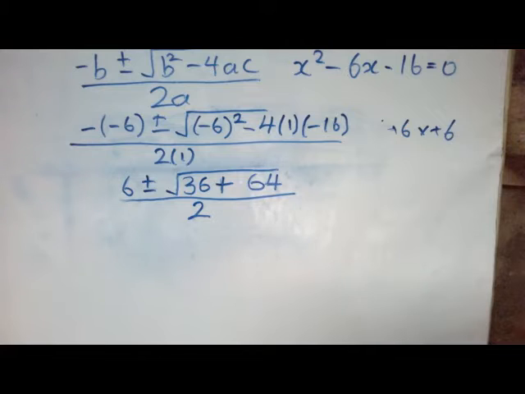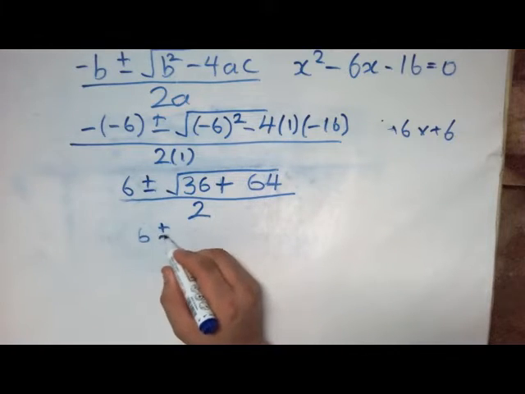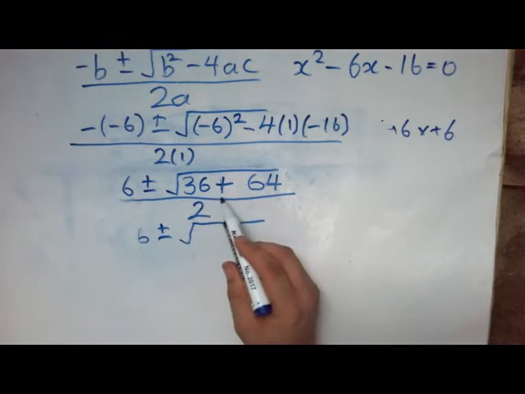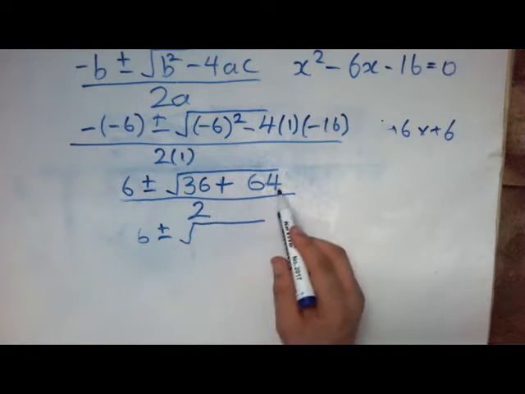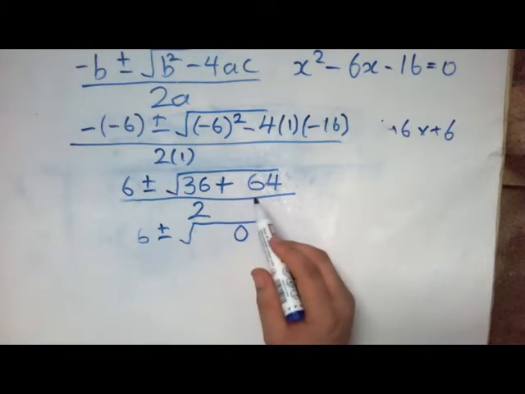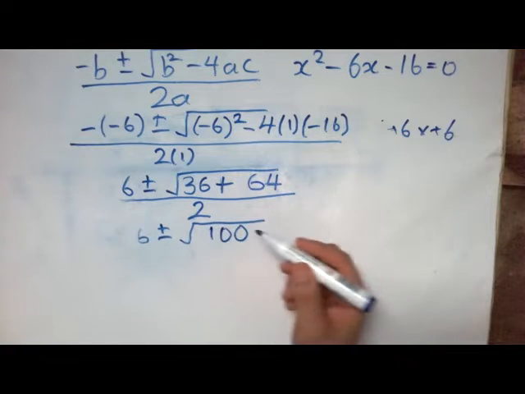Now let's try to remove the square root. For us to do that, we come down and have 6 plus minus square root of 36 plus 64. 6 plus 4 will give us 10. 0, carry 1. 3 plus 6 will give us 9, plus 1, 10. So we have 100.